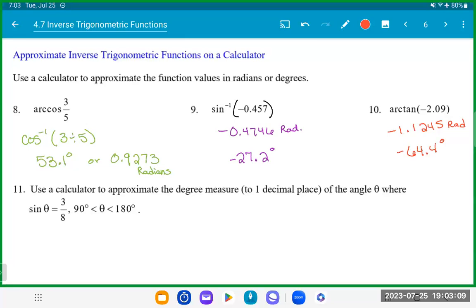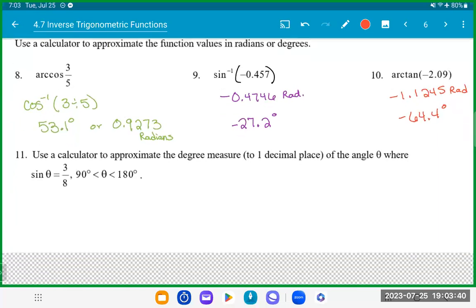Does anybody have questions on how to use your calculator to get the inverses? These are inverses of things that we don't have a special triangle to get an exact value for, right?